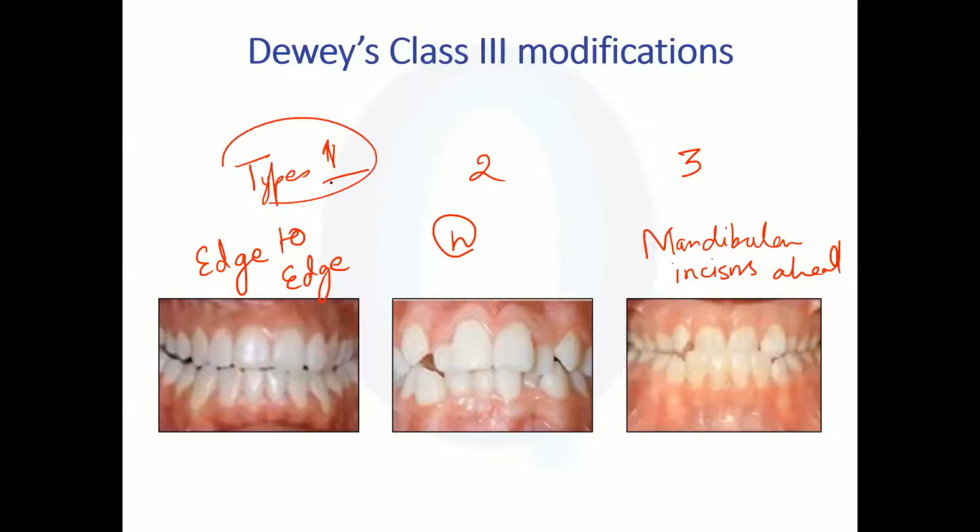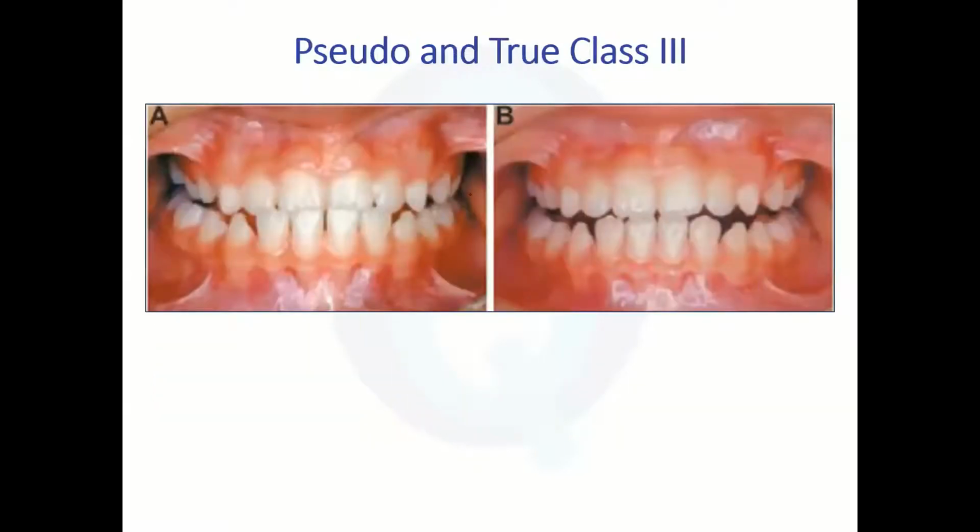You need to remember type 1 is edge to edge, and this is wrongly given in a few books, so don't get confused.